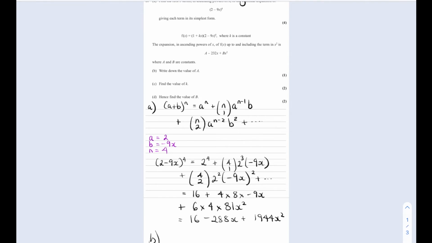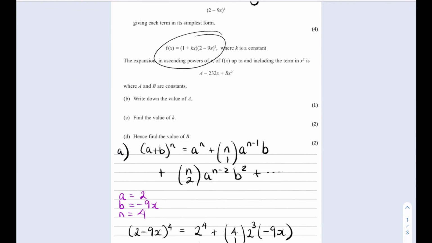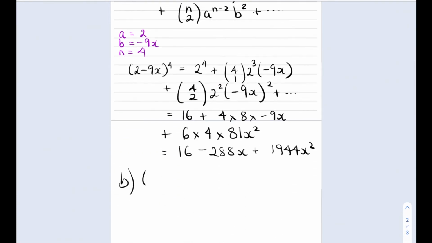I know that when I multiply, so we've got 1 plus kx multiplied by this expansion that we've already seen in part A. So 1 plus kx, multiplied by 16 minus 288x plus 1944x squared and some more.